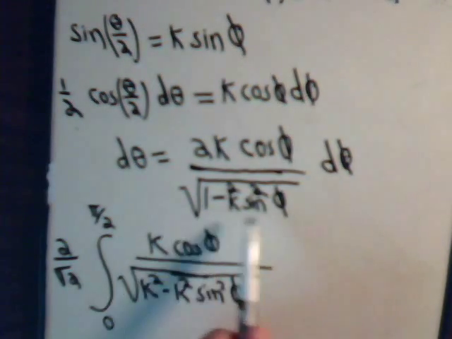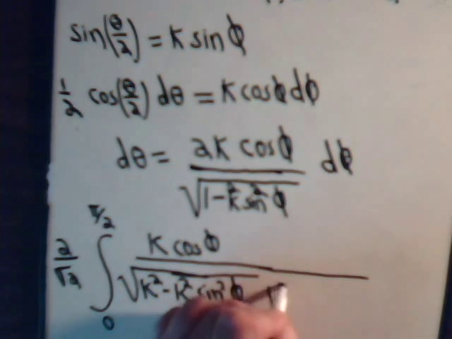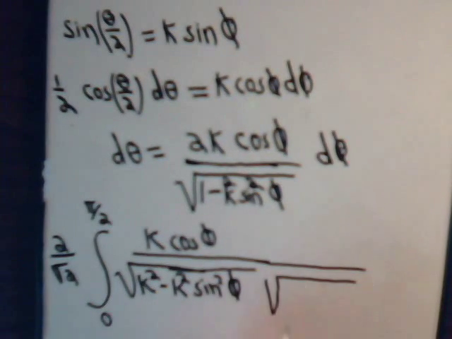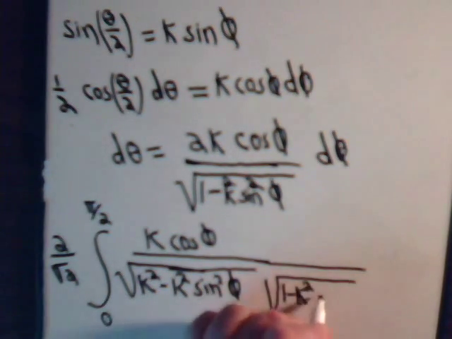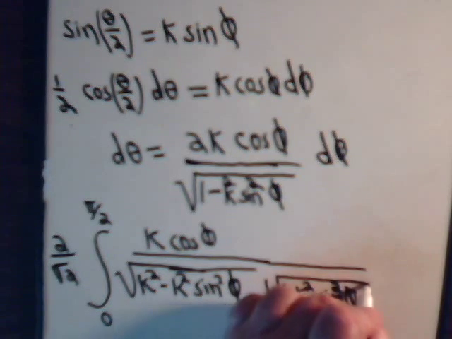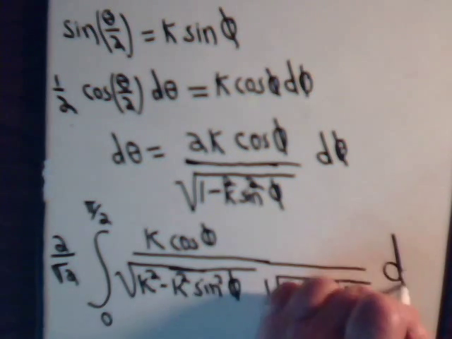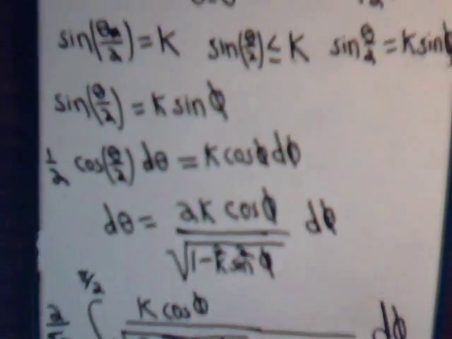Then we have this term, 1 minus k squared sine squared phi, d phi.